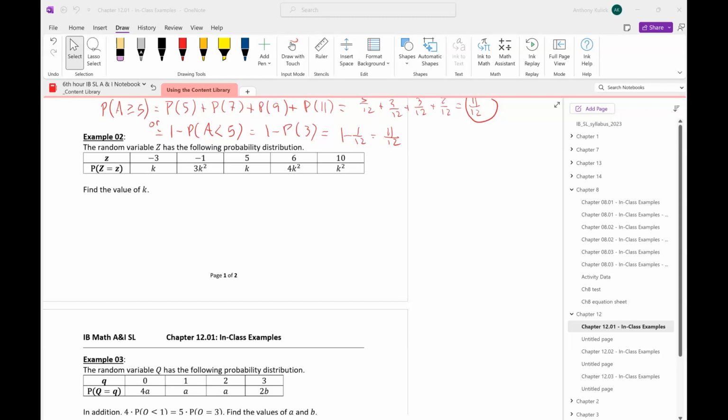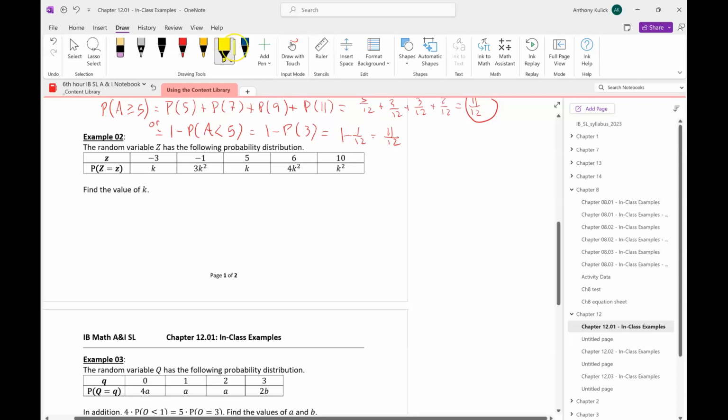I don't really know how to do this one. So the key is that it's a probability distribution. Okay. So what do we know about a probability distribution? All of the probabilities have to add to 1.